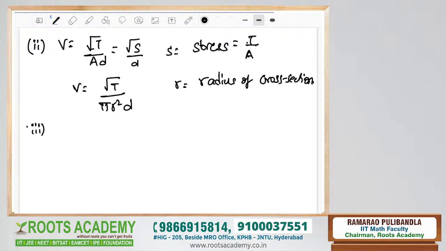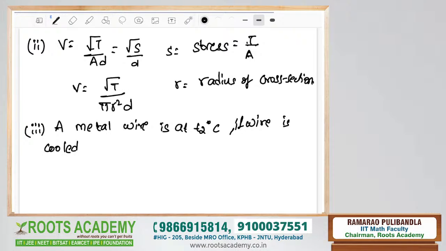And next case is when a metal wire is at T2 degrees centigrade, between two fixed supports, and the wire is cooled to T1 degrees centigrade. Then the velocity would be v is equal to under root of T by a divided by d.